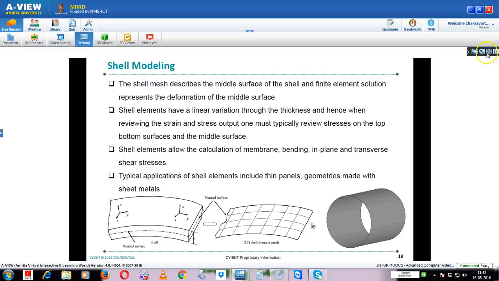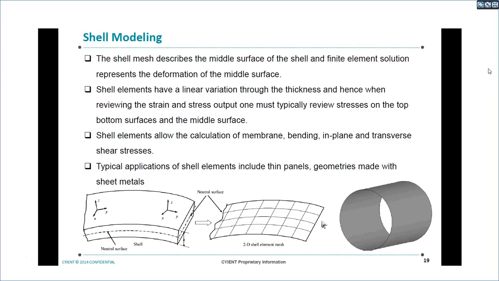So it is very important for us to extract results for the top surface, mid surface, and bottom surface. Each element or each node will have three results. It may be displacement, strain, or stresses, whatever it may be. It will have three results for each location.